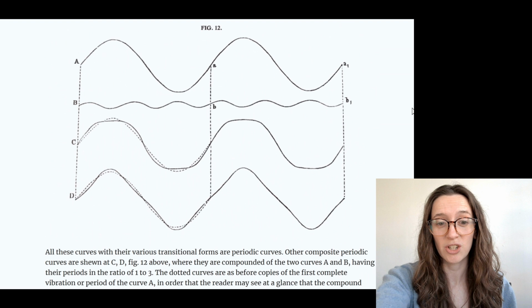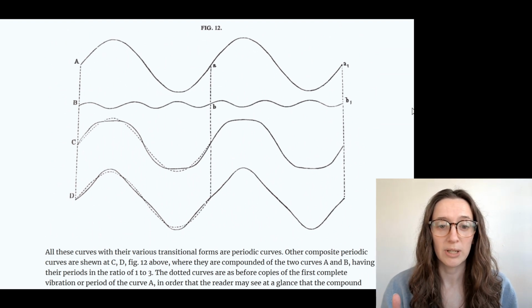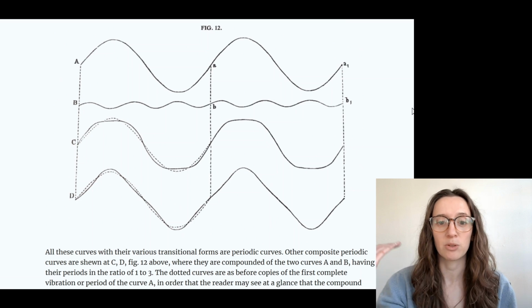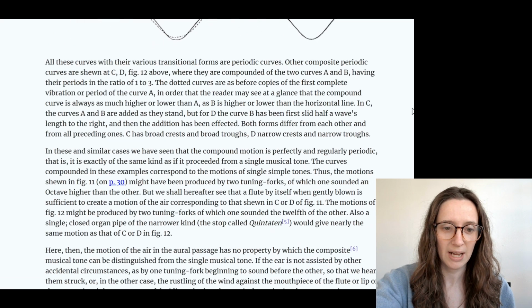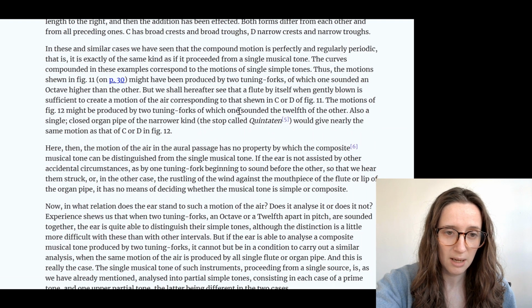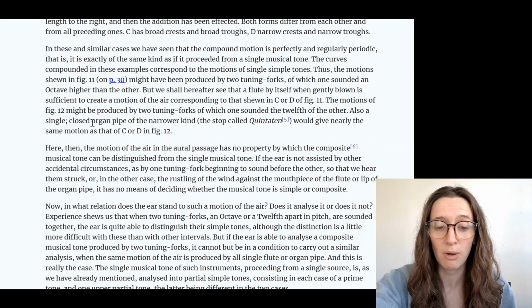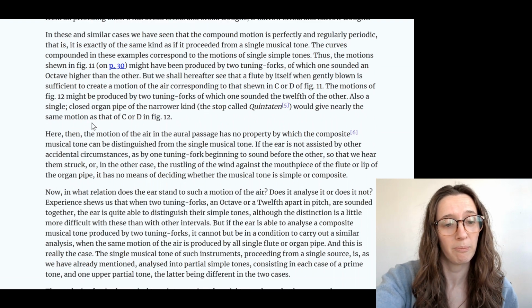Whereas curve C and curve D, these composite curves, are the kind of thing that you would hear from a musical instrument when you hear the primary tone as well as the upper partials. In fact, he says that those waves give nearly the same motion as a single closed organ pipe of the narrow kind. So there you go.